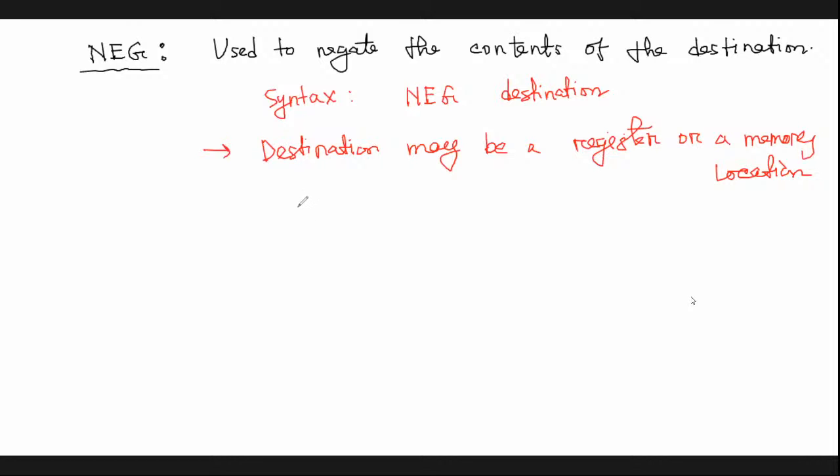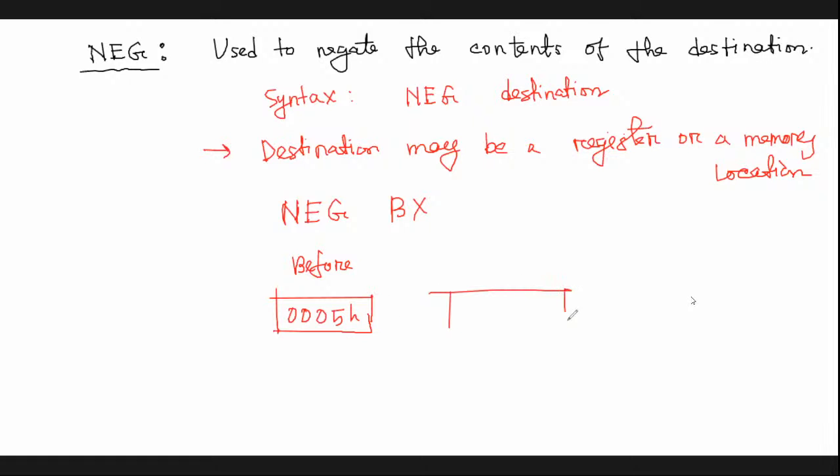Okay, let me give you an example. NEG dx. So you are negating the value of dx, and before, dx has 0005h. Now let me tell, what will be the after?